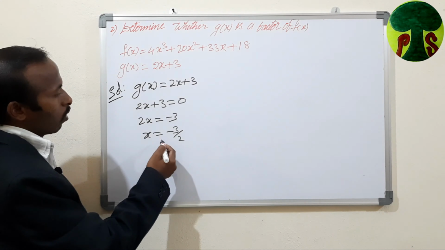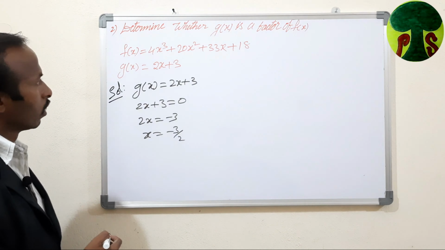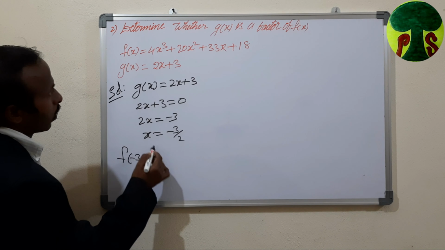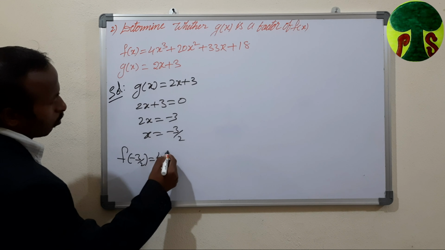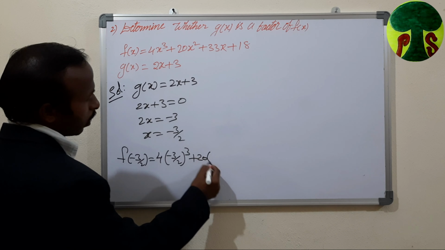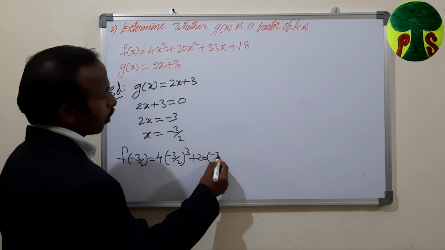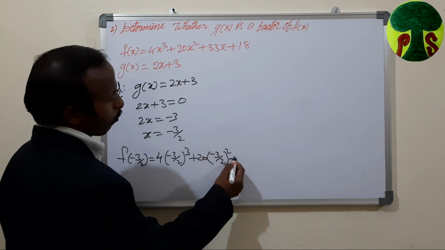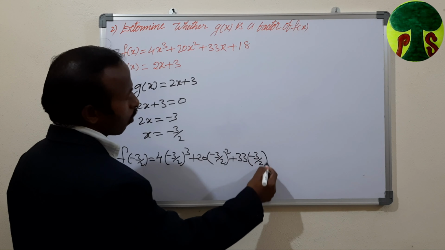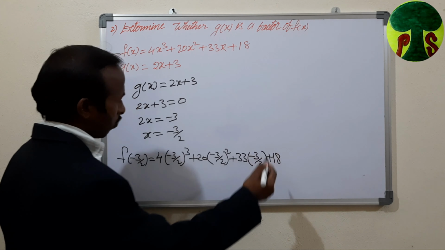Now this x value you substitute in the polynomial. So f of minus 3 by 2 is equal to 4 into (minus 3 by 2) whole cube plus 20 into (minus 3 by 2) whole square plus 33 into minus 3 by 2 plus 18.